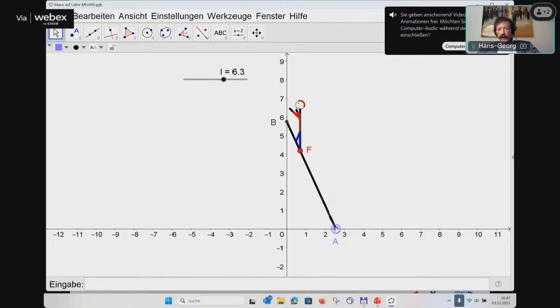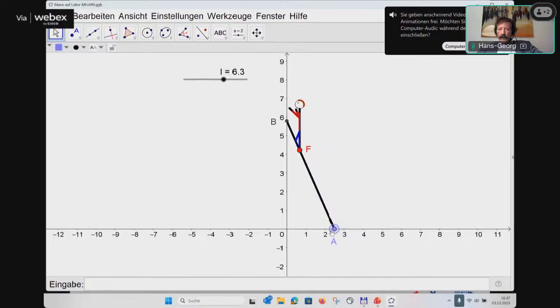If the ladder slips away, the question is, on what locus does this point F move if the point A moves along this x-axis?